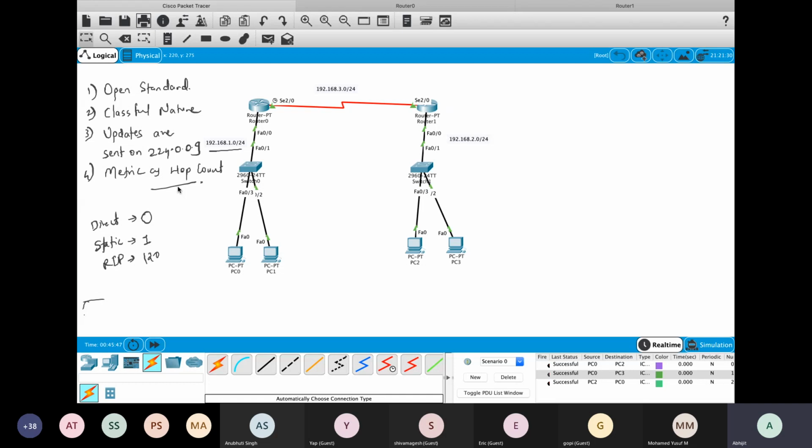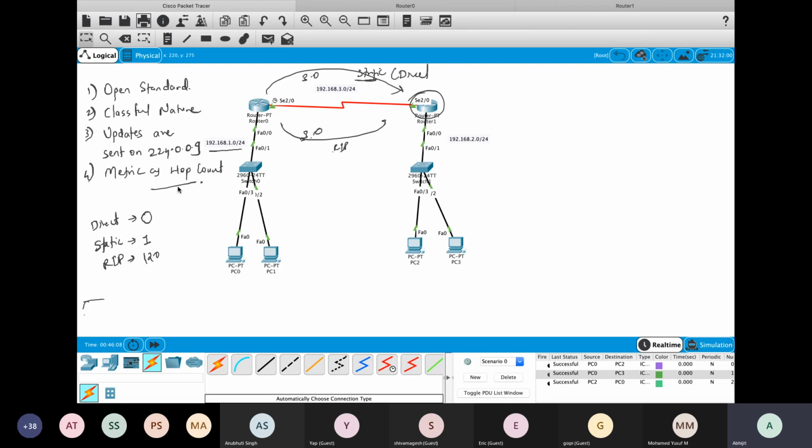So when R2 receives a route for 3.0 via both a directly connected network and RIP, it has to choose.